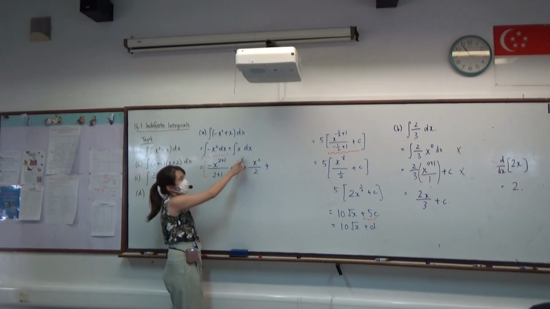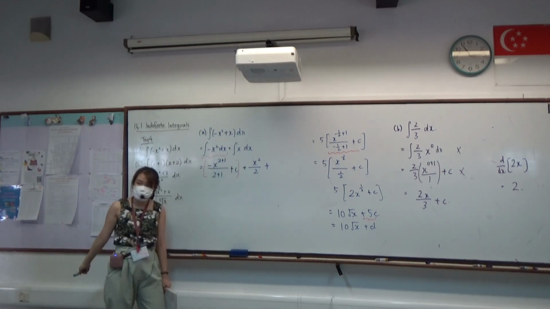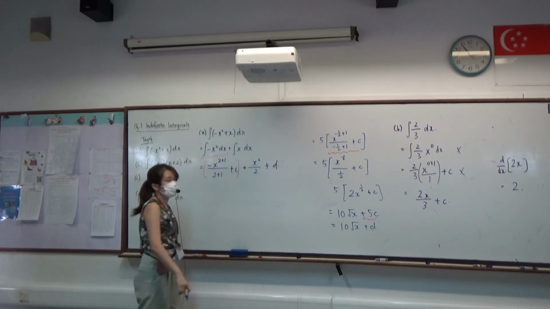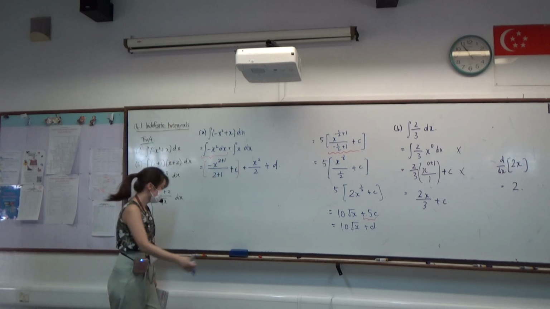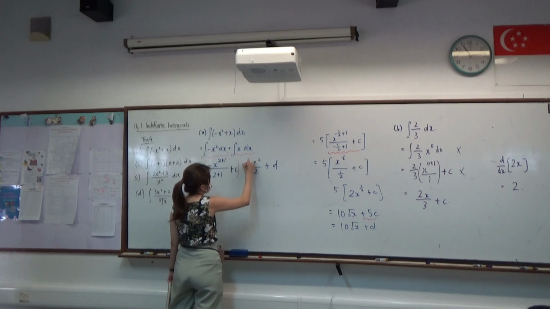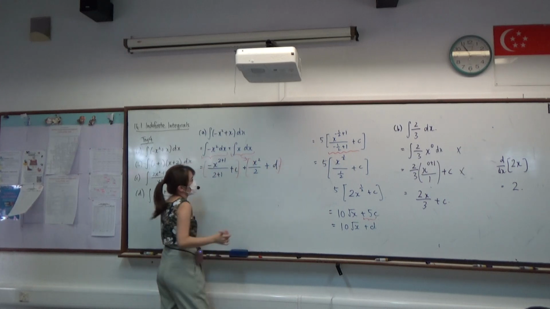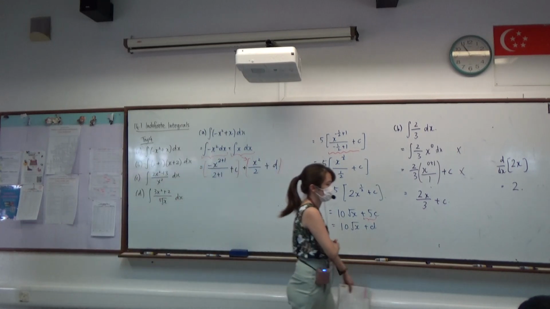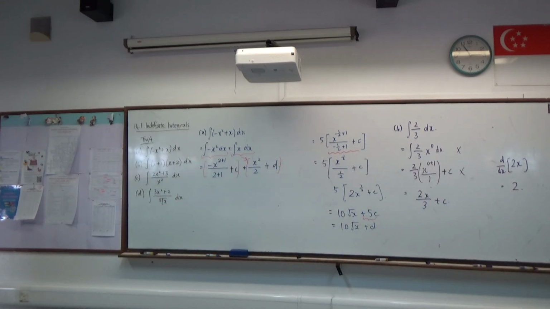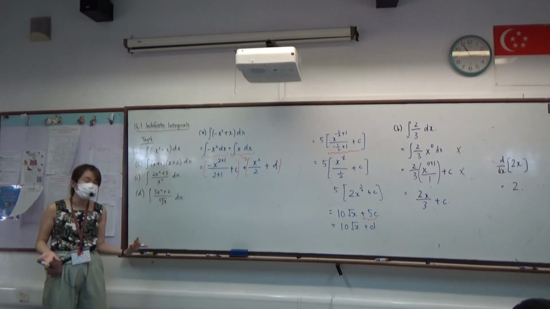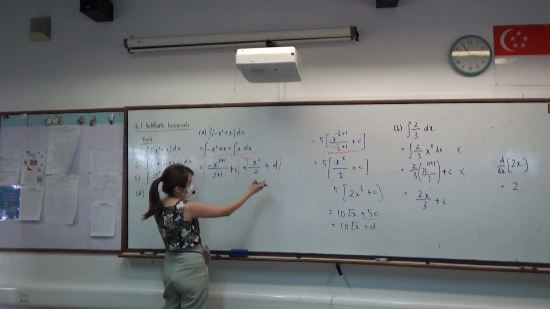The constant for this and the constant for this may not be the same, so you have to use a different letter. So I will choose the next letter D. So this results in this. However, what if you are very skilled already? You decide not to split it up like that.